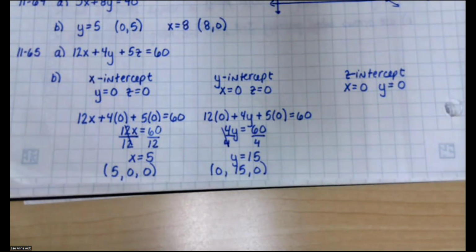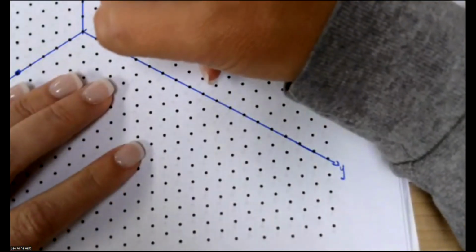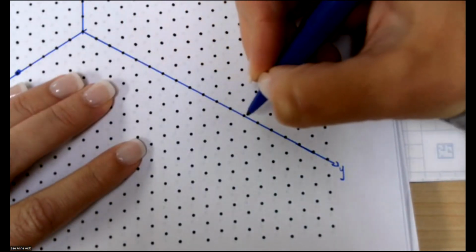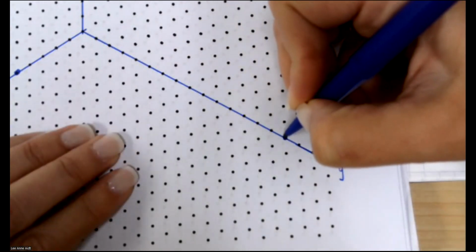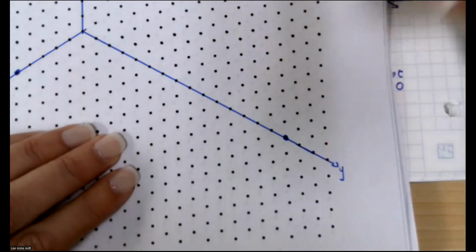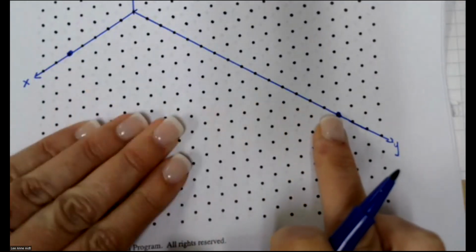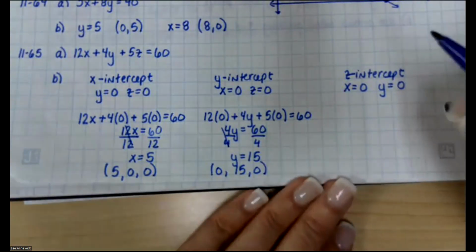Okay, this might be the hardest part, counting out 15 dots on the y-axis. 1, 2, 3, 4. All right, so I have my x-intercept and my y-intercept out at 15. Last one.